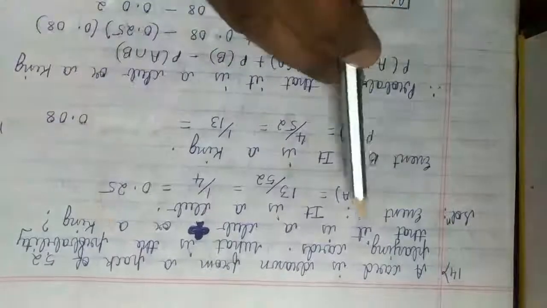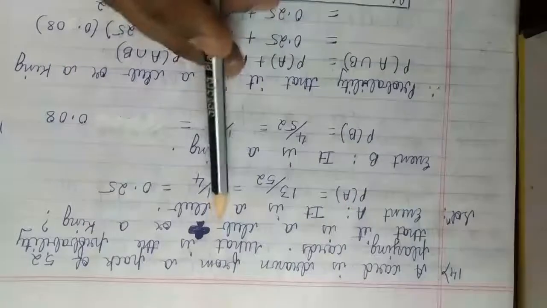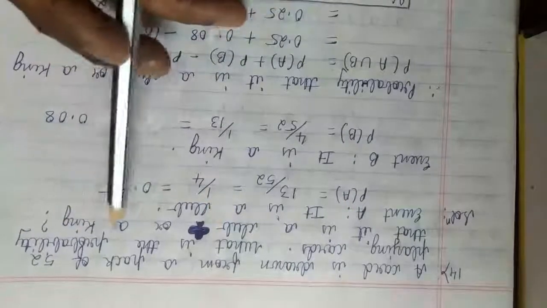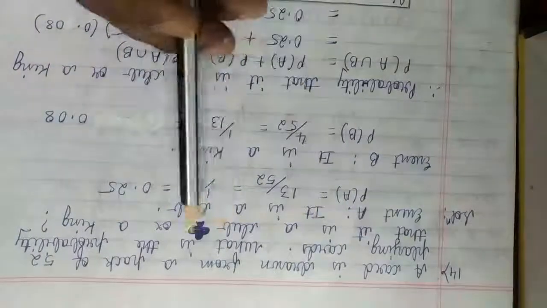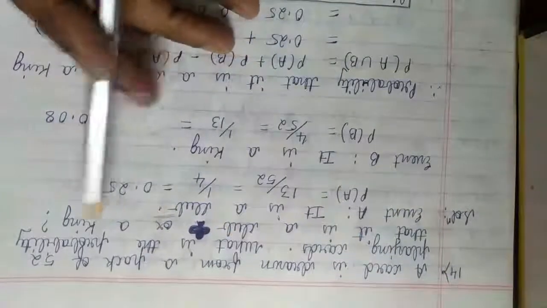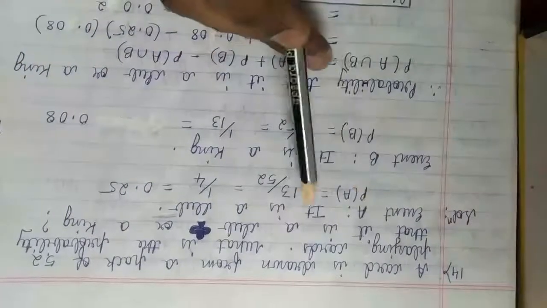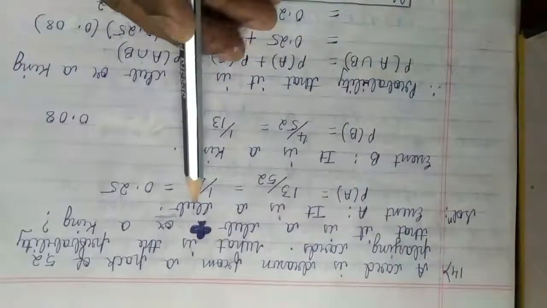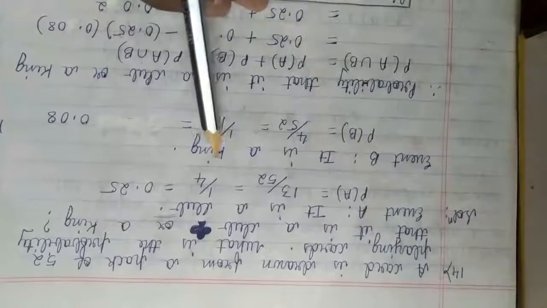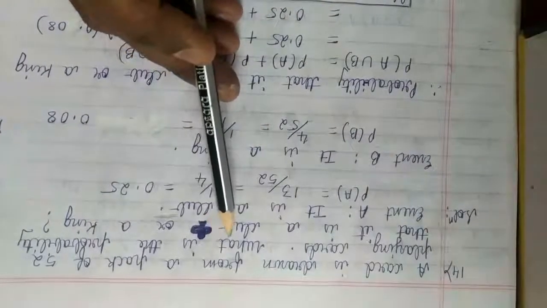So let us see. What is the event they have asked? What is the probability that it is a club or a king? So that means there are two different events. It can be a club, one event, or it can be a king, the second event. So let's split. Event A, it is a club. Event B, it is a king. So what we are doing is first we have to see what they have asked.